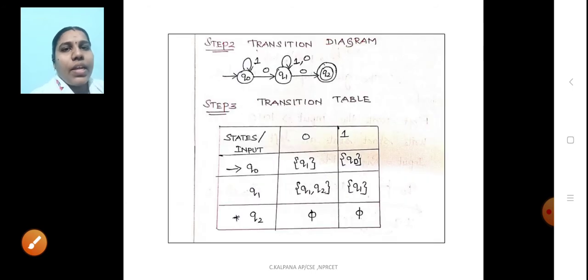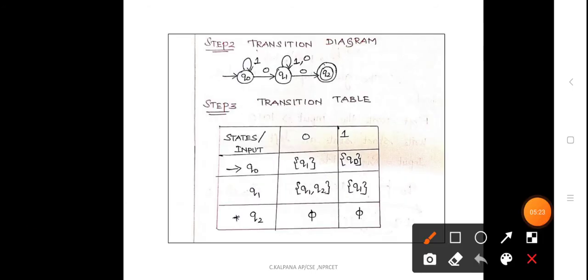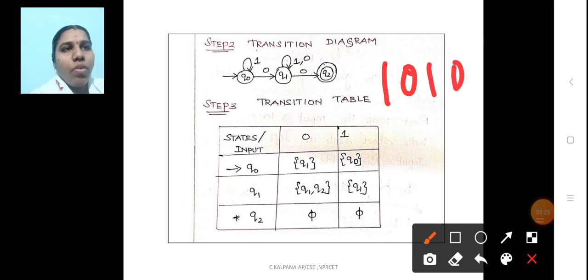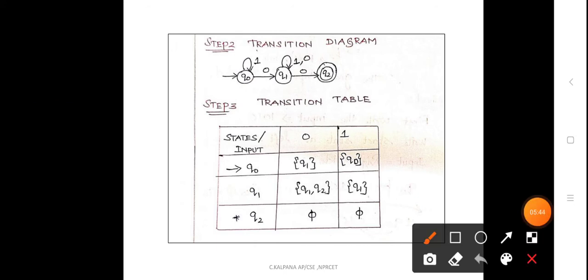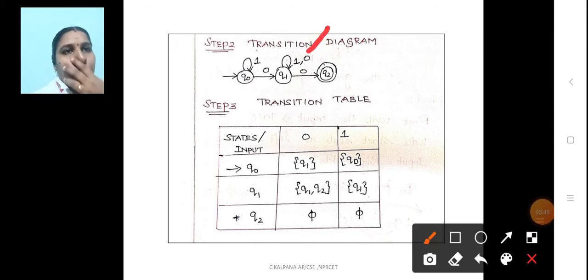Here the transition diagram for the input 1010 is, the input is 1010. So Q0 to 1, 0, 1, 0. So this is the diagram. But according to the question, NFA has more than one transition for the same input. So that's why I include an extra 0 here.